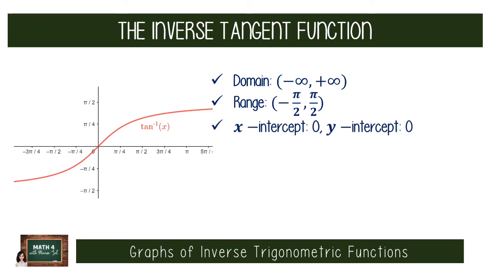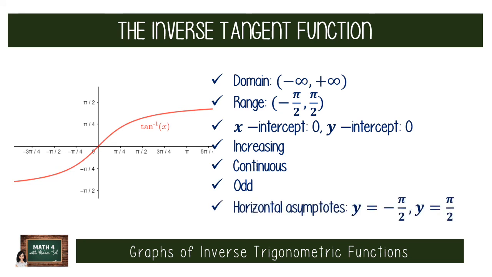It is an increasing and continuous function, and it is also symmetric to the origin because it is an odd function. Recall that the tangent function has vertical asymptotes. This time, the graph of the inverse tangent function has horizontal asymptotes at y equals negative pi over 2 and y is equal to pi over 2.